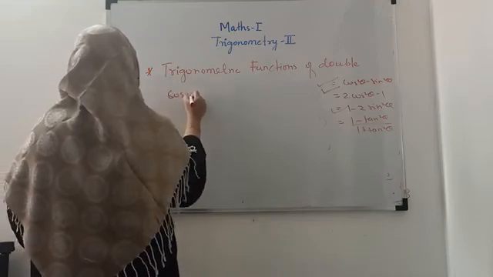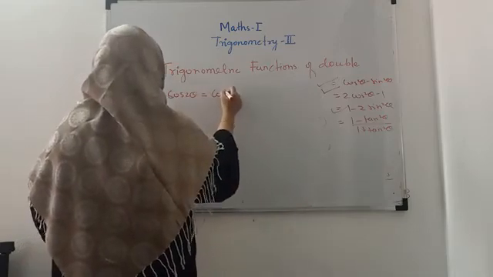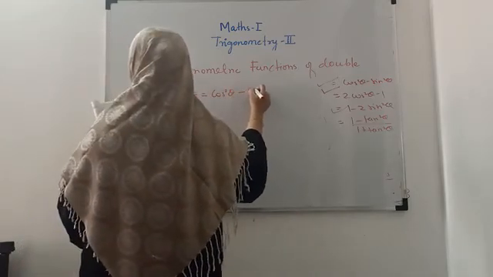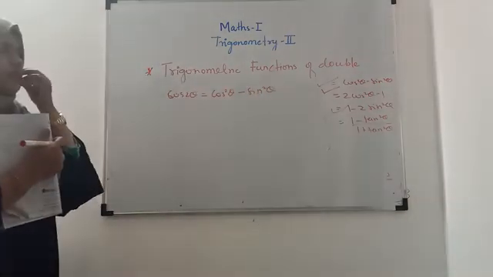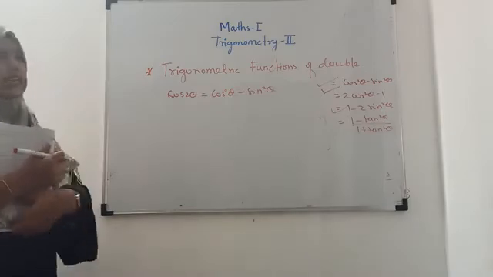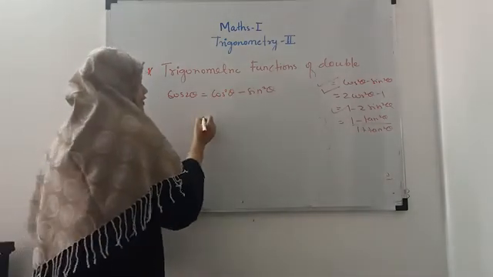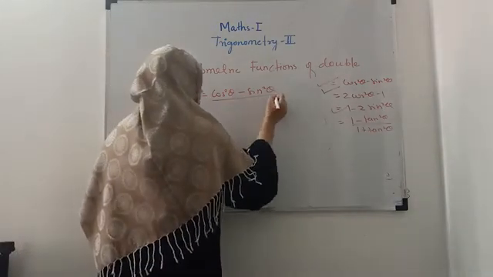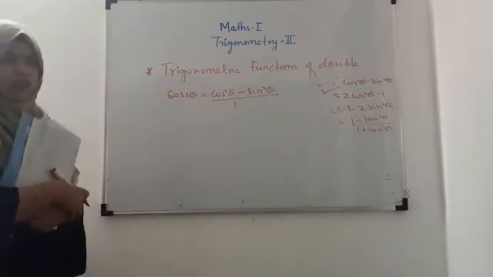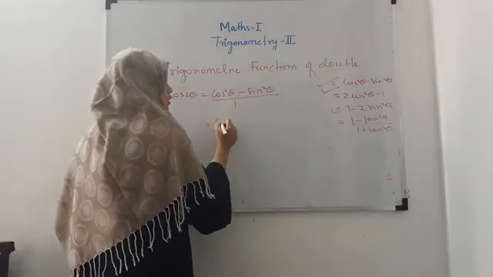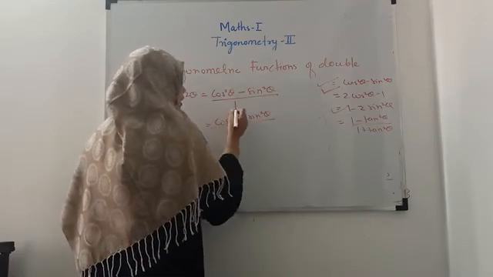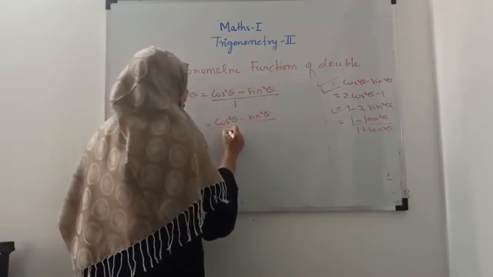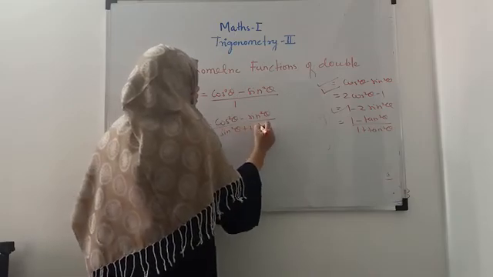Cos 2 theta is cos square theta minus sin square theta. Okay, and we will use the same trick which we have used for the sin 2 theta. So first, this can be written as divided by 1. And 1 can be written as sin square theta plus cos square theta.